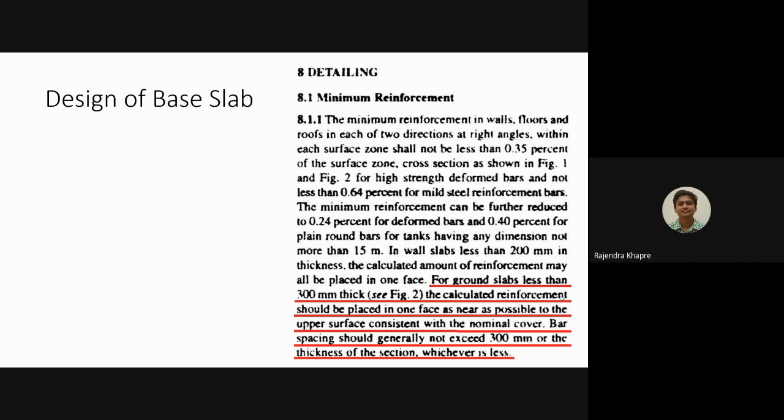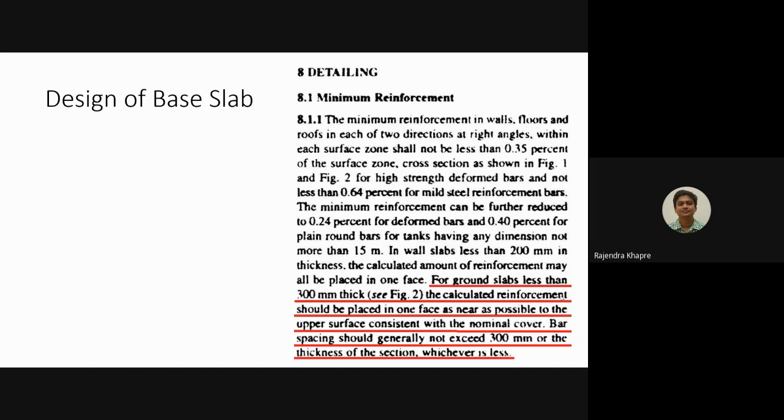I hope the statement is clear to everybody. The bar spacing should generally not exceed 300 mm or the thickness of the section, whichever is less. Our spacing is 125, so it is less than 300, and the thickness of the section is 250, so it is less than that also. As per this clause, whatever reinforcement we have designed is perfectly fine.